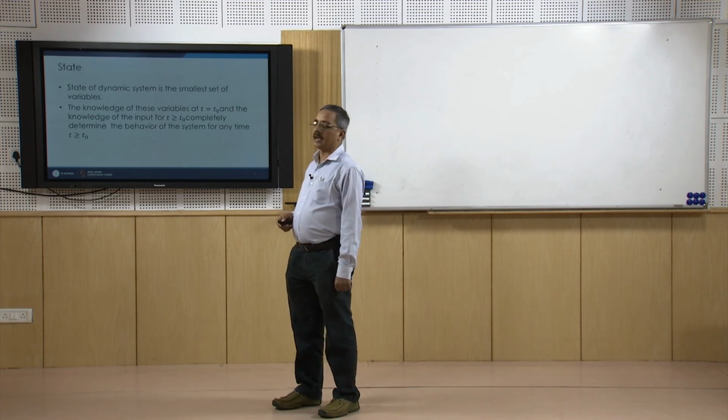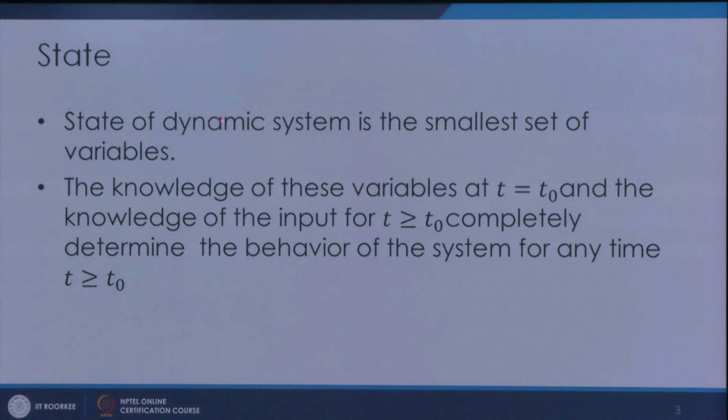What do we mean by state actually? The state of a dynamic system is the smallest set of variables such that if we know these variables at some time t equal to t0, and we know the input completely for time t greater than or equal to t0, then we can determine the behavior of the system for any time t greater than or equal to t0.